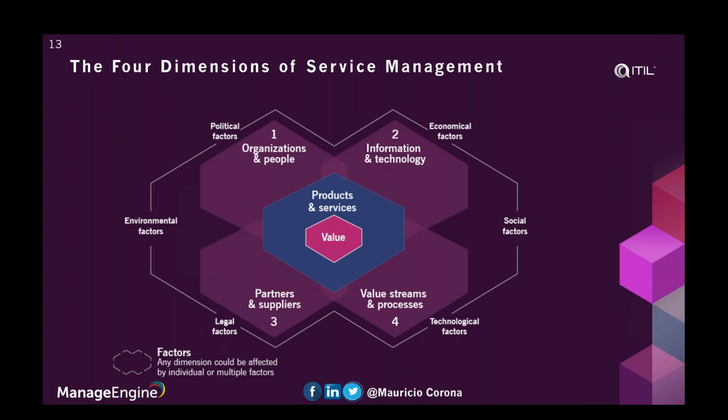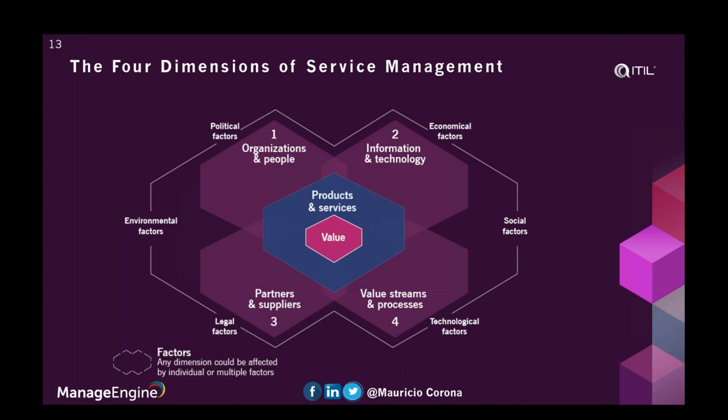Well, we need to consider the 4 dimensions. The 4 dimensions of service management are organizations and people, information and technology, value streams and processes, and partners and suppliers. It's very interesting that we are seeing not only processes, we are seeing value streams.